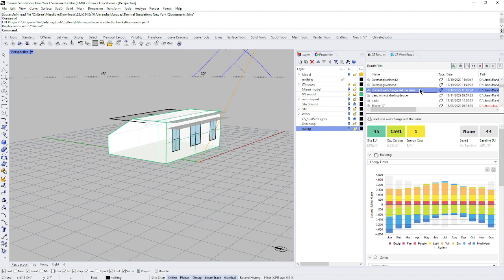The point I want to make is that if we're trying to improve our envelope at this point, what should we do? Well, we already did a pretty good job on the opaque portion, the insulated portion of the wall.